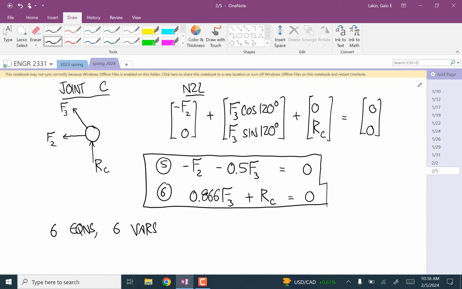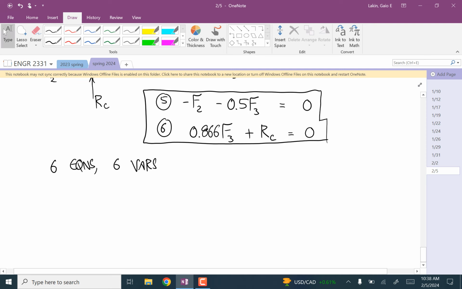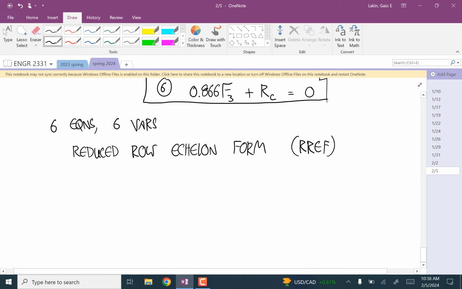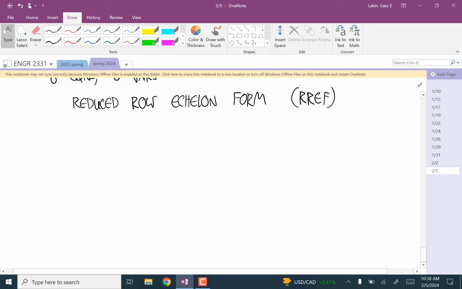Okay, how do you want to solve 6 equations for 6 variables? Substitution? Yeah, let's use a matrix. We're going to use reduced row echelon form. All of your calculators do this. So we'll make an augmented matrix that has 6 rows and 6 plus 1 columns.